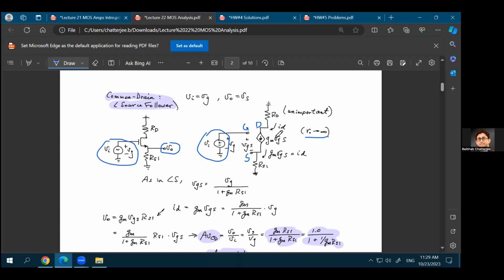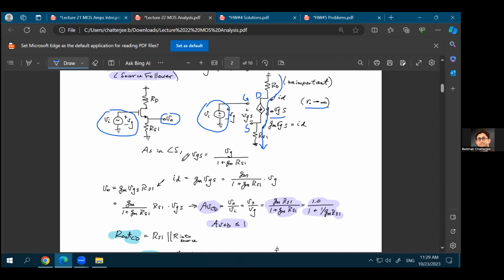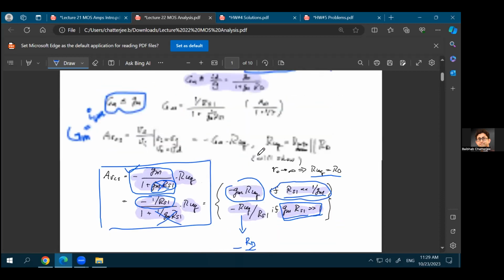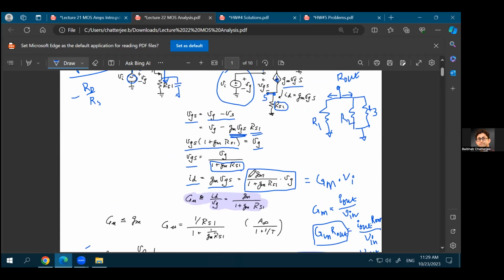You know the value of ID, the current that is flowing through this branch. The current flowing through this branch is equal to GM times VGS. As in the previous scenario, you can find your VGS to be equal to VG divided by 1 plus GM RS1.